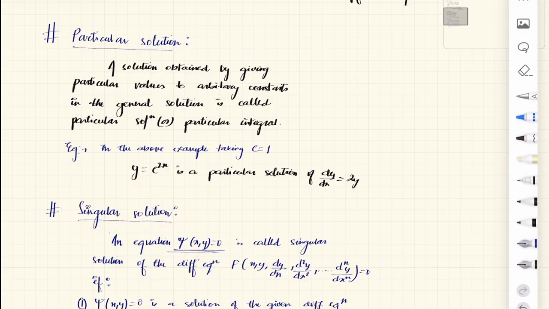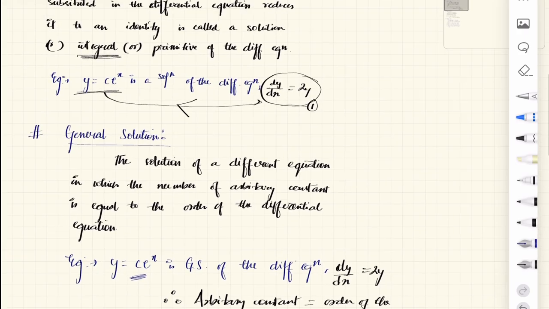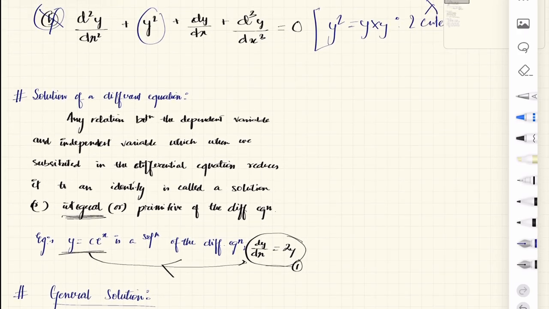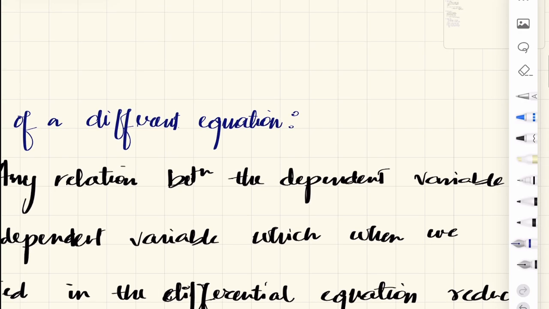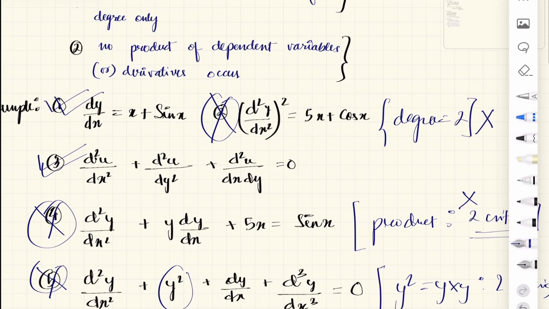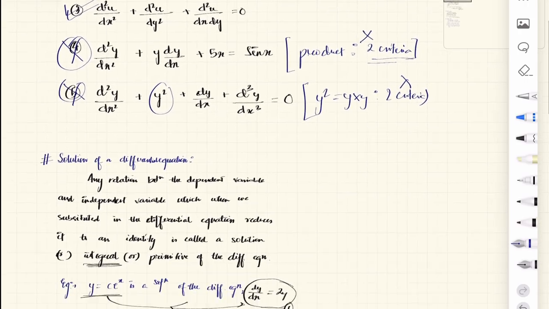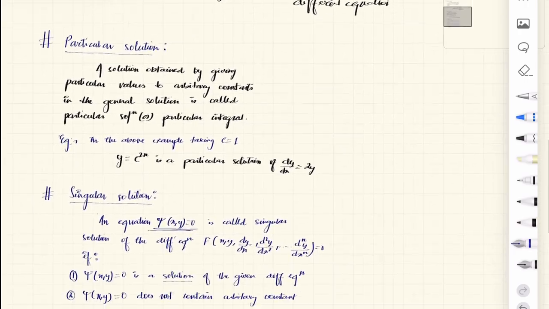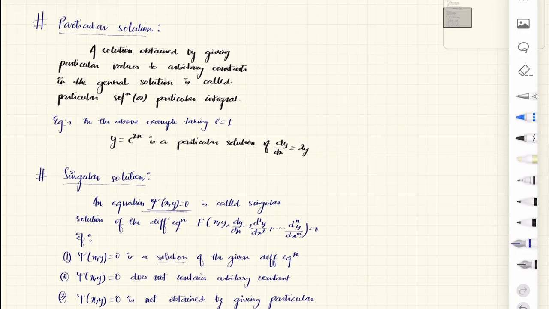How to find the singular solution, particular solutions, the general solution, or the solution of any differential equation, we'll be discussing more and solving more questions in the next video. For today, we'll end here. Okay, thank you.